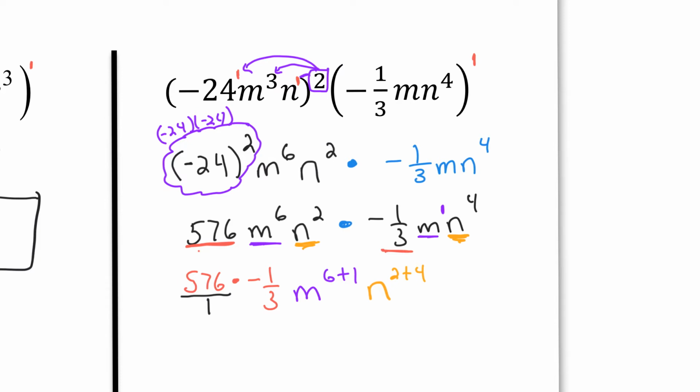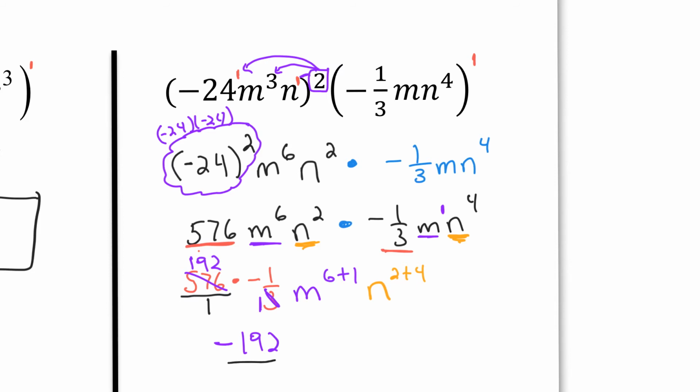You can simplify using a calculator, but you guys can turn this into 192. And the 3 goes into the 3 one time. So now it's a lot easier to multiply. 192 times negative 1, well, that's negative 192. And on the bottom, we get 1 times 1, so we get over 1.